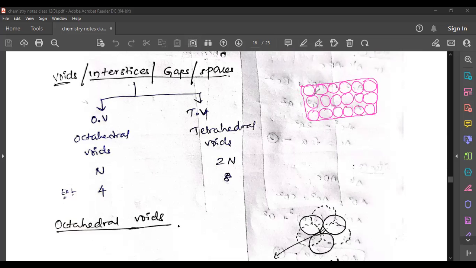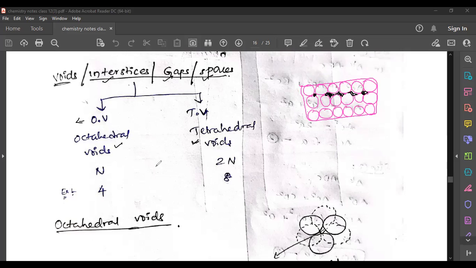So what is the empty space here? This is the empty space, or this is the empty space, or this is the empty space, like this. So whatever empty space is there between the solids is called a void, or the interstices, or interstitial, or the gaps, or the spaces. So voids are of two types again. One is the octahedral void. The other one is the tetrahedral void.